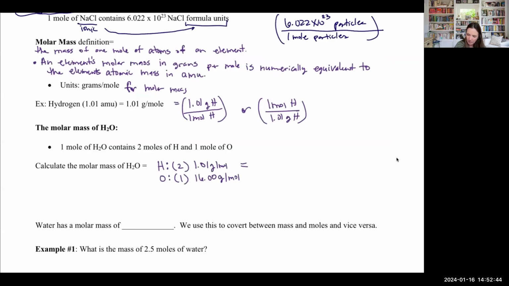We're going to multiply through. 2 times 1.01, 2.02 grams per mole. Oxygen, 1 times 16.00 is still 16.00 grams per mole. That adds up to 18.02 grams per mole. As a conversion factor, 18.02 grams of water for every 1 mole of water.